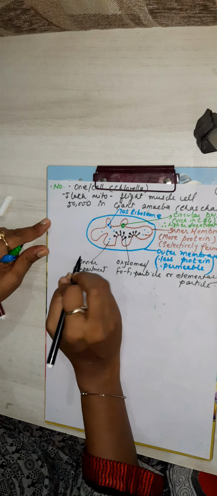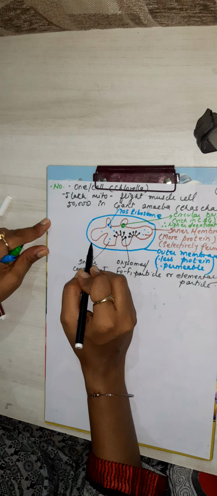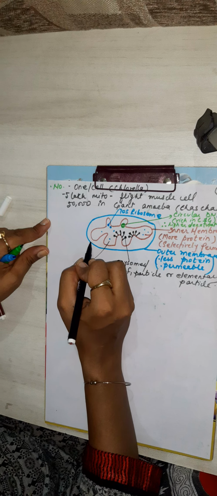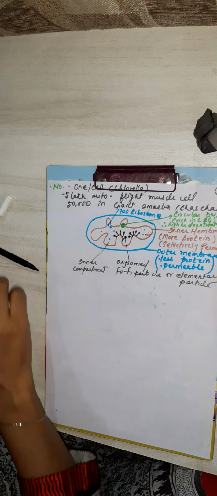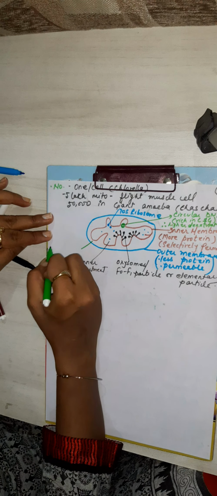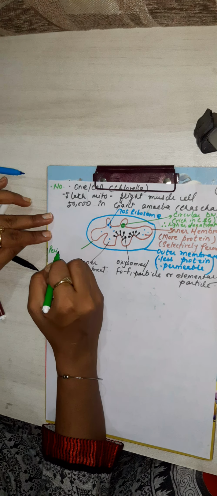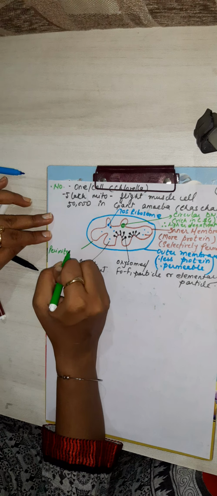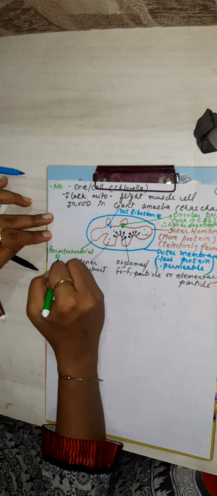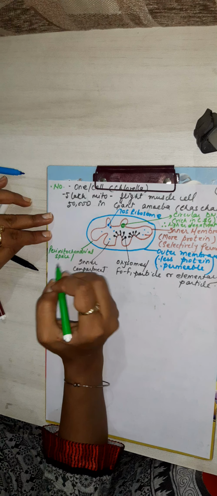And the space between the inner and outer membrane is known as the perimitochondrial space, or you can say the outer compartment.